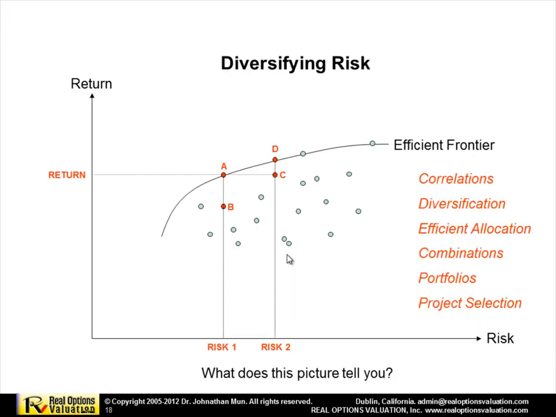If you were to chart this out, the y-axis will be return, the x-axis will be risk. Comparing A and B, for the same amount of risk, the highest return will be portfolio A. Looking at A and C, for the same amount of return, the lowest risk would be A. Compare D with C, D would be the most efficient. Any projects or combinations of projects, which means portfolios, would be on the investment efficient frontier.